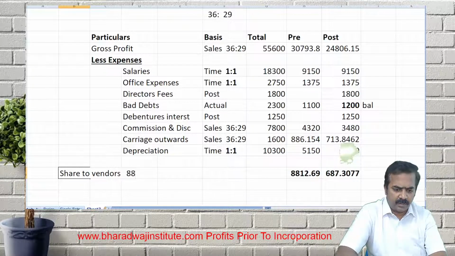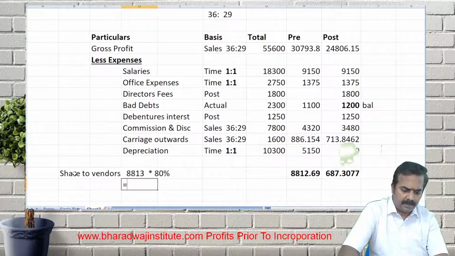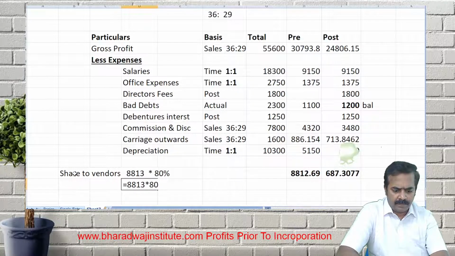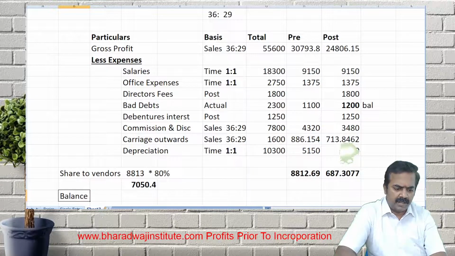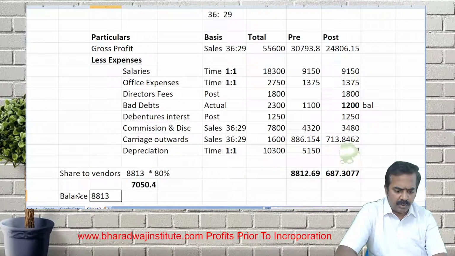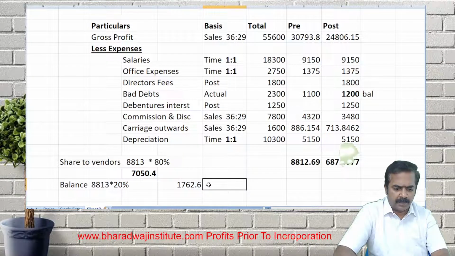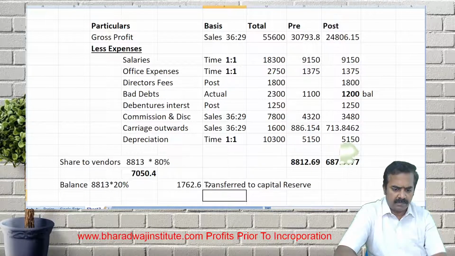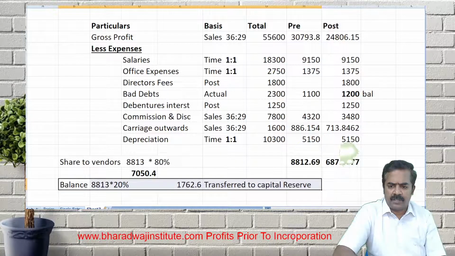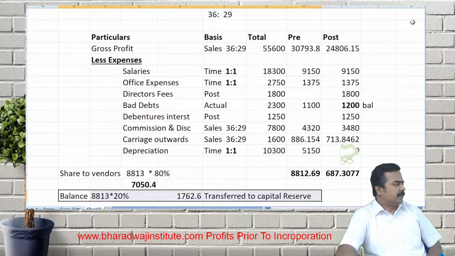Share to vendors 8813. 8813 into how much do you have to share? 80%. Balance 8813 into 20%, 1,600. This will be transferred to capital reserve. Pre-incorporation profit, the company's portion will be transferred to which one? Capital reserve.